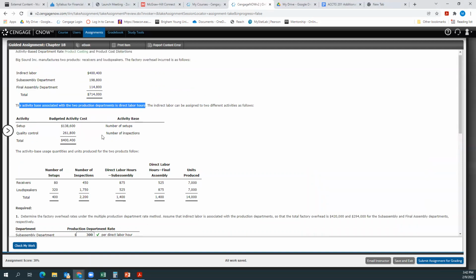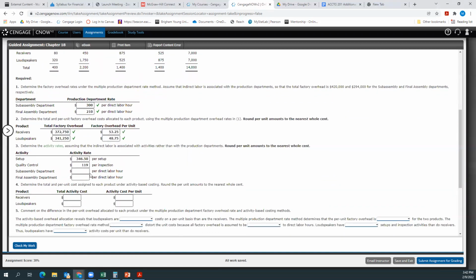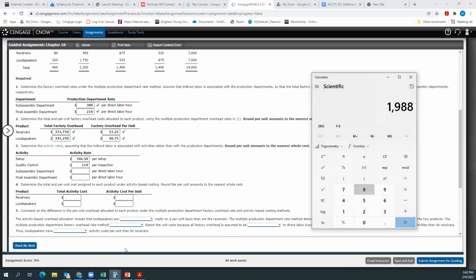Okay, so I'll take this sub-assembly department cost of $198,800 and divide that by the 1,400 direct labor hours. You get $142 per direct labor hour.